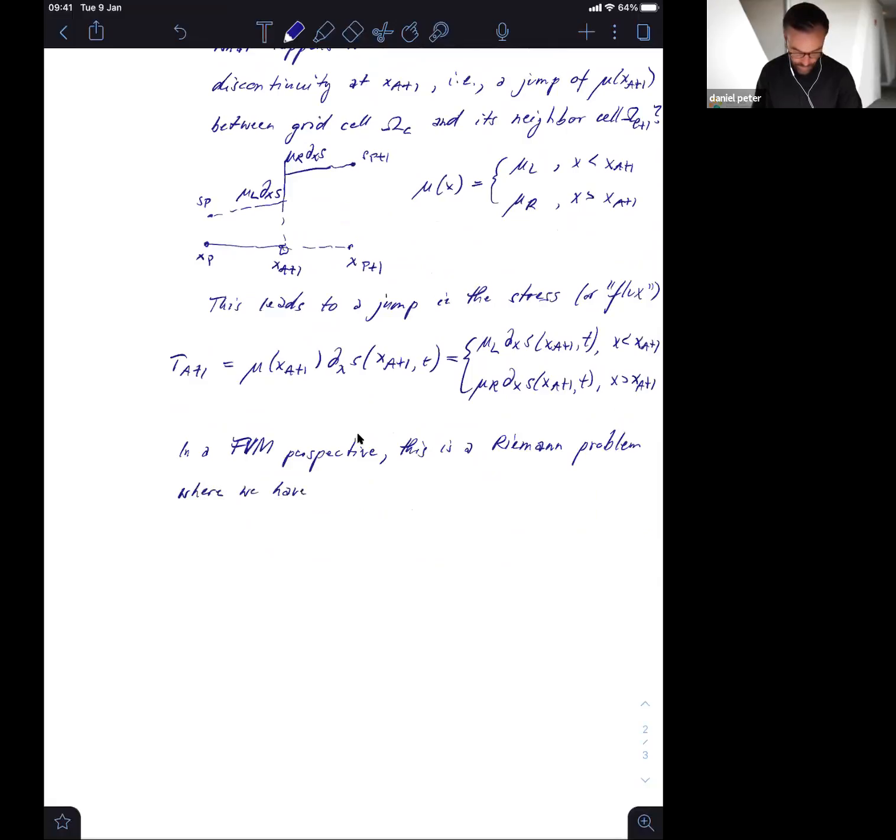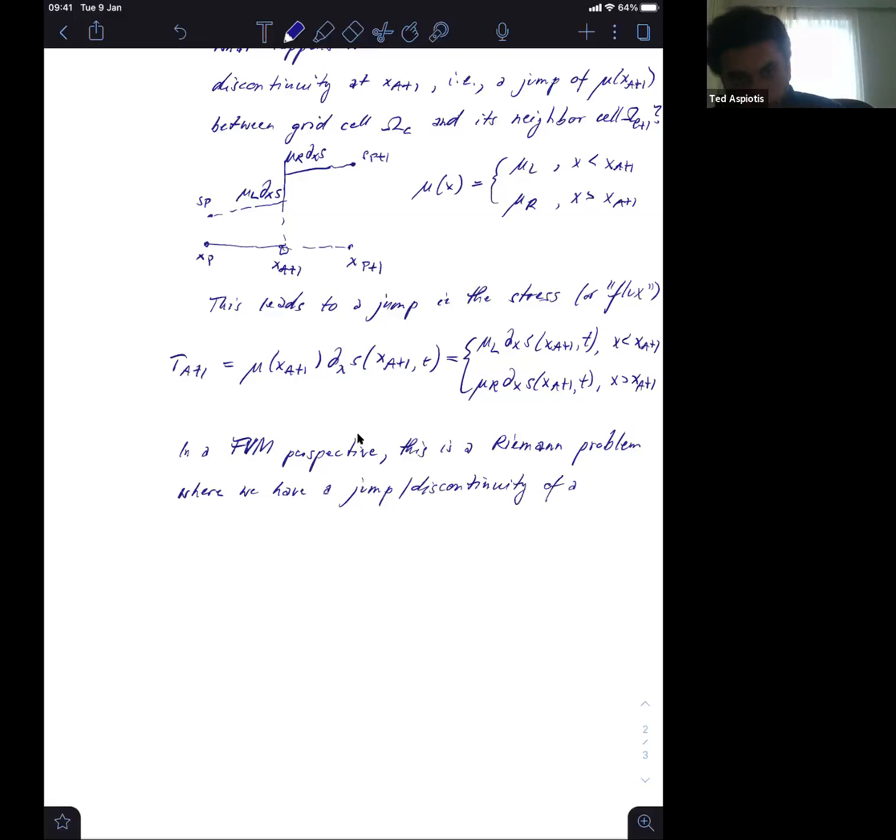We have a jump or a discontinuity of a quantity at the cell boundary.